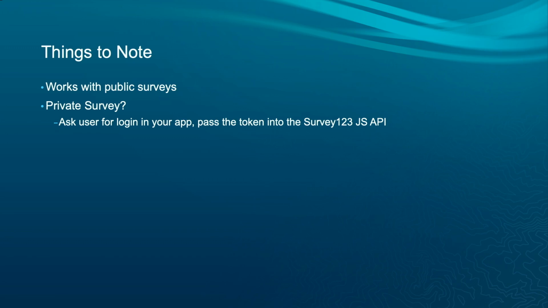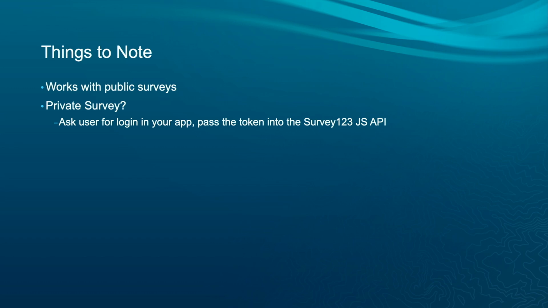You may want to use the ArcGIS Maps SDK for JavaScript to do the user login and logout in your application and to get the token. Once you get the token, you can pass it to the Survey123 JavaScript API to show the private survey.